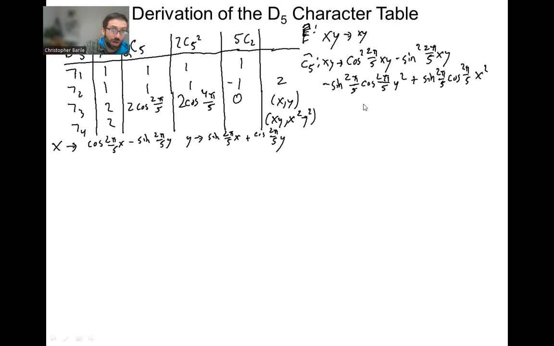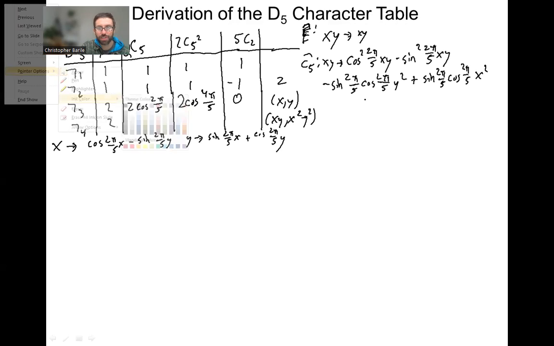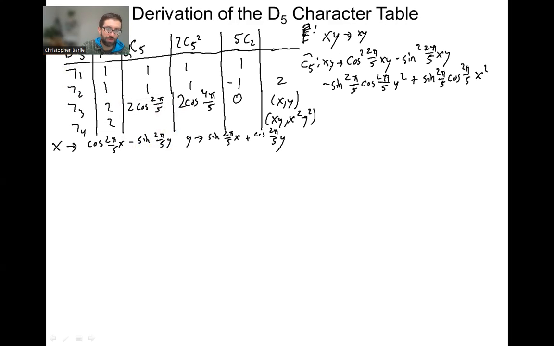Just like x and y were linked together, xy and x squared minus y squared are linked together. We can't describe how xy transforms under the C5 operation without also describing how x squared minus y squared transforms.